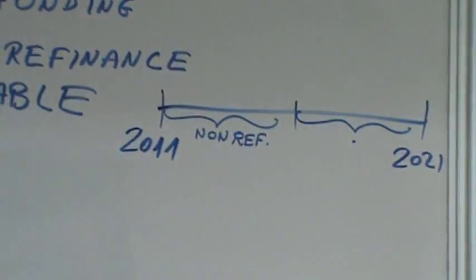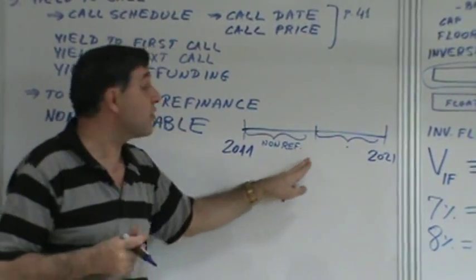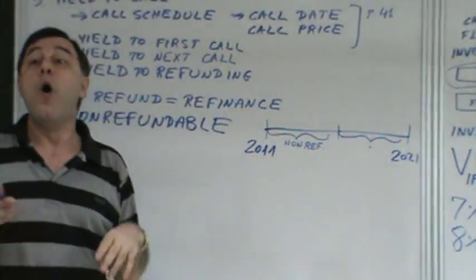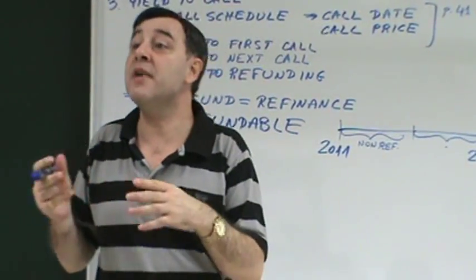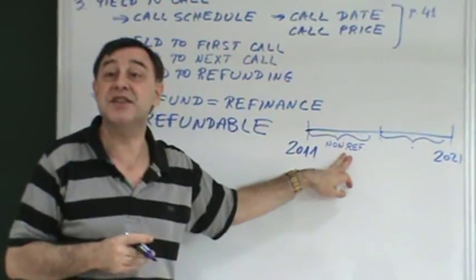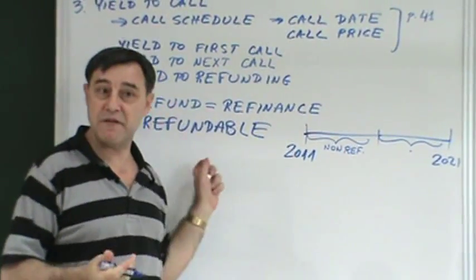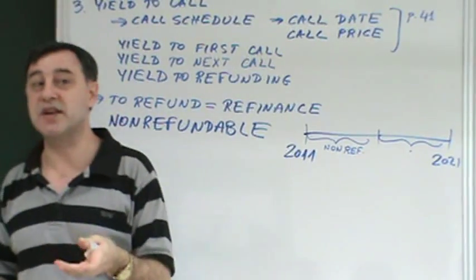This is just an example. It may happen that it's non-refundable for 7 years, or for 8 years, or for 5 years. Or it may be that the bond is non-refundable, meaning it can never be refunded just because interest rates fell.